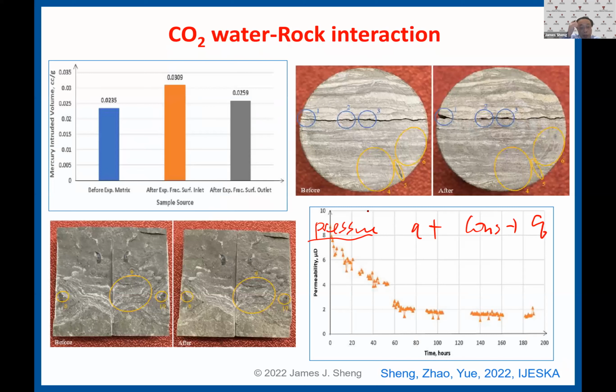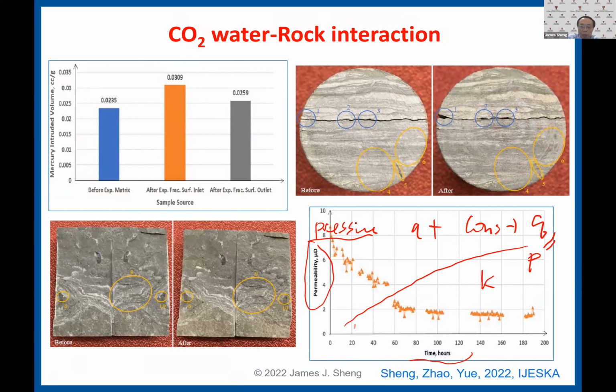We found that the pressure becomes higher. Then we use the pressure data and the rate data to calculate the permeability. So in this chart, we have permeability versus pumping time.